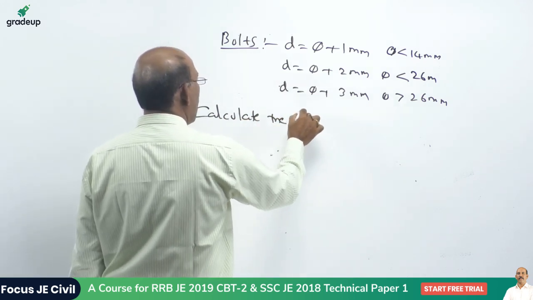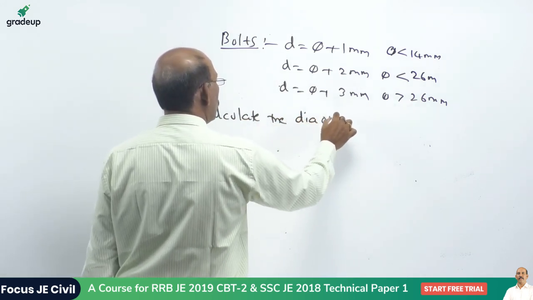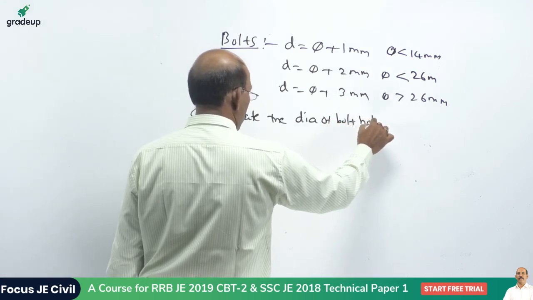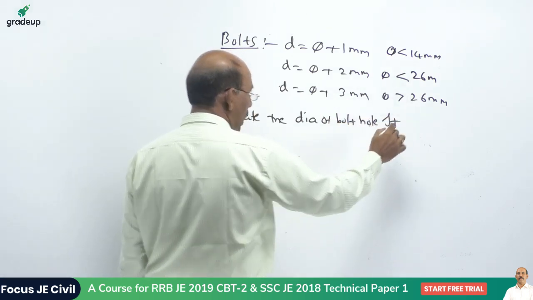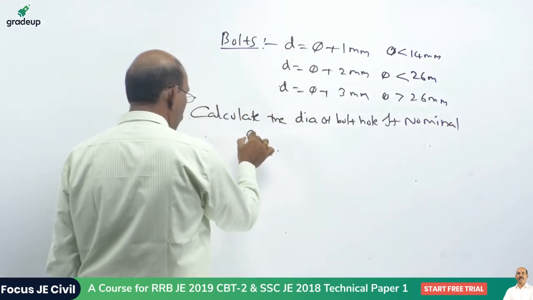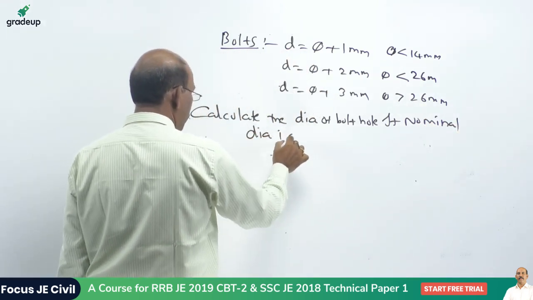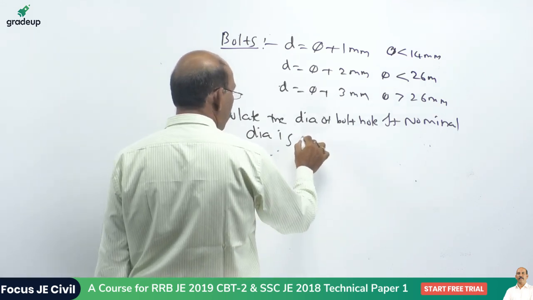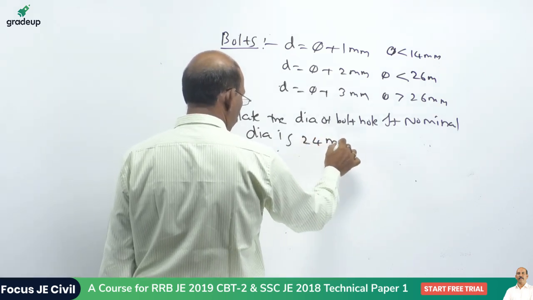Calculate the value of diameter of bolt hole if the nominal dia is 24 millimeters.